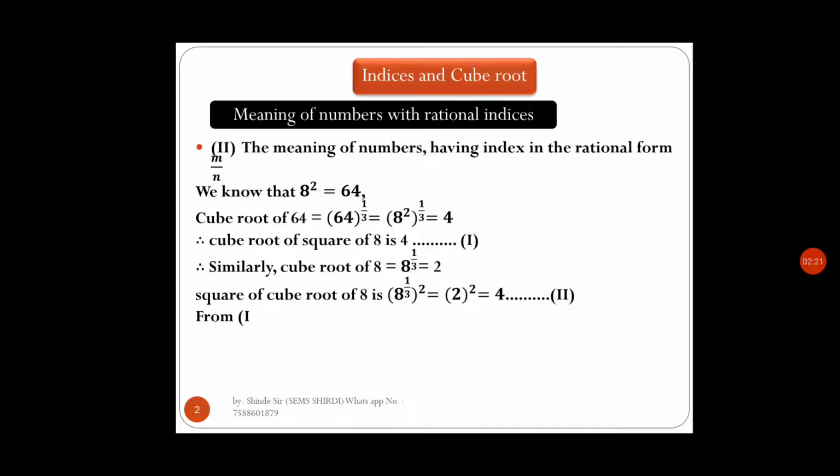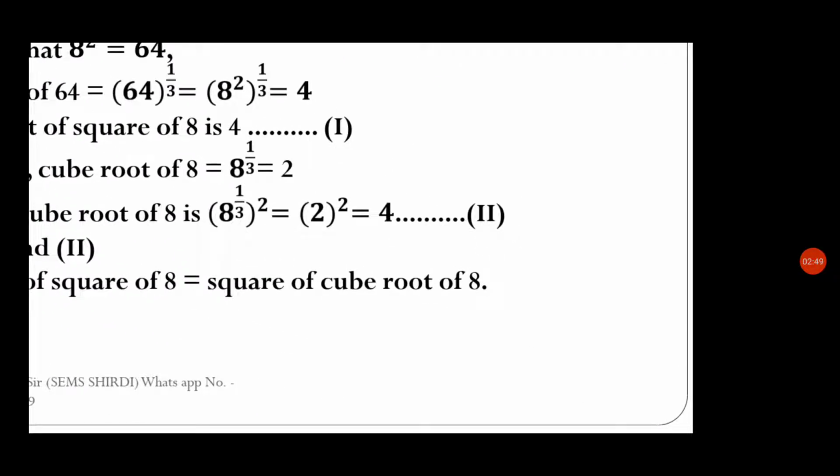From statements second and first, the cube root of the square of 8 is equal to the square of the cube root of 8. Means here 8 square raised to 1 by 3 is equal to 8 raised to 1 by 3, bracket raised to 2, are equal.